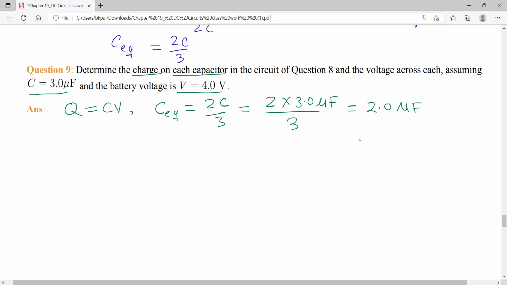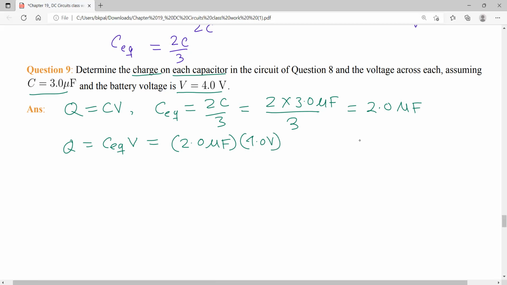All right, so Q equals Ceq V tells us that the total charge is 2 microfarad times V. V is 4 volt.